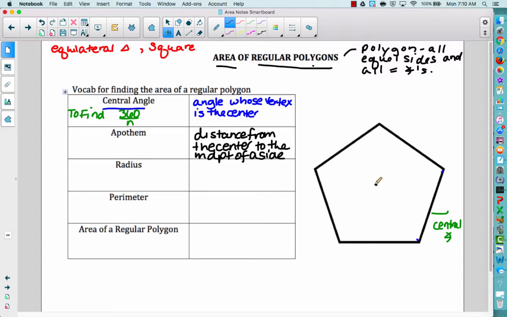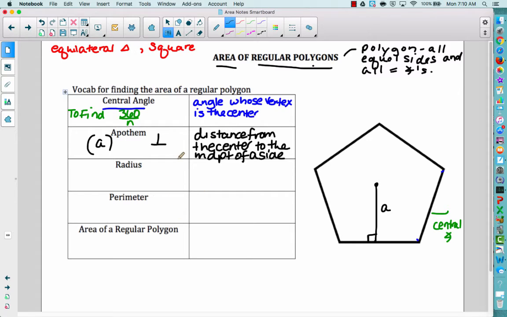So here's the center. If I go straight down, it's a perpendicular segment, and it hits the midpoint. That's the apothem, so we'll call it A, and that's the variable we're going to use for it. And we're going to need that apothem, and that perpendicular is going to matter.